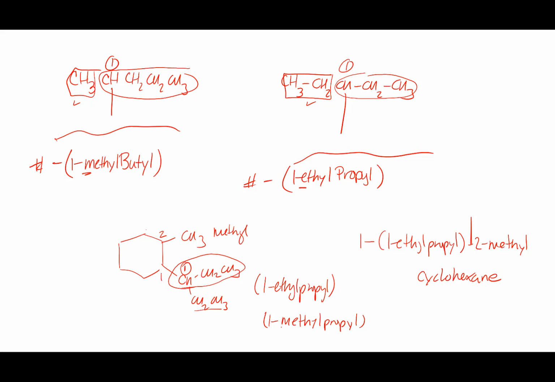It would be like if I had to alphabetize Smith and, I don't know, Smithy. Right? The Smith would come first, and then the Smithy would come second because it's got extra stuff after the Smith. So methyl would come first, then the methyl propyl would come second in the alphabetization rules.